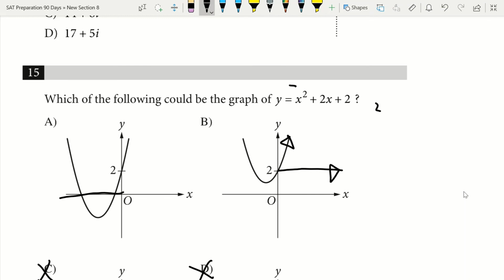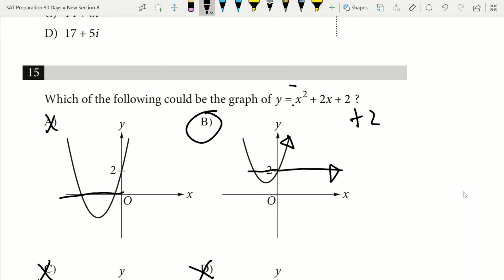Then I have to take that -2 and add -2 squared to it, which is positive 4, and I see I'm going to get positive 2. So that's what that answer would be, positive 2. So there's really no way I'm ever going to cross below 0. So I know A has to be incorrect, and I know B has to be my correct answer for 15.